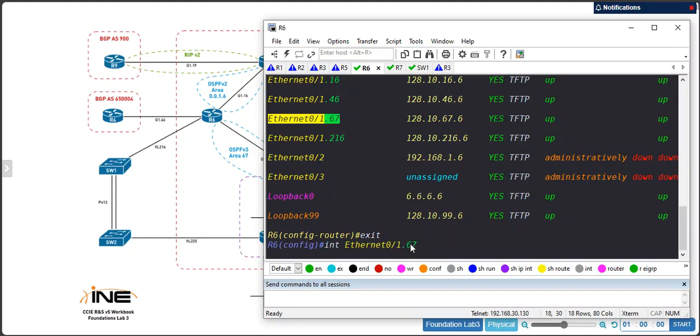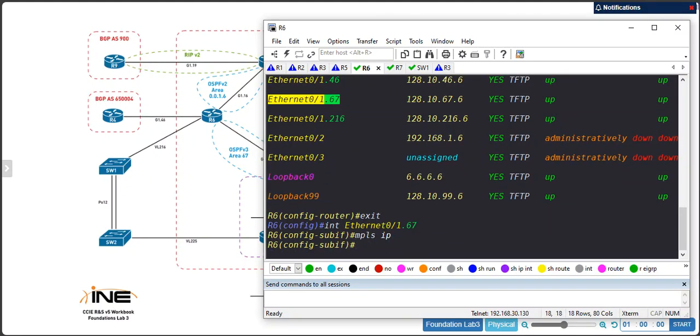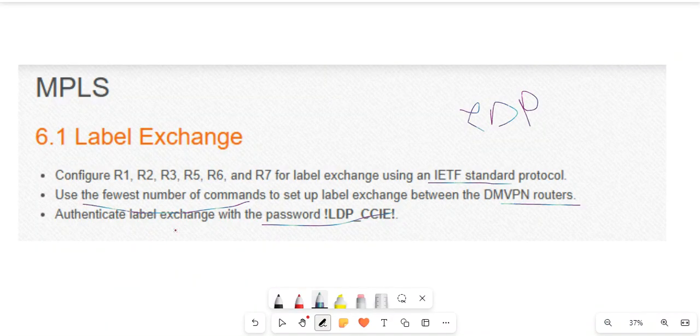Interface this one. MPLS IP. And we have to authenticate label exchange with a password.